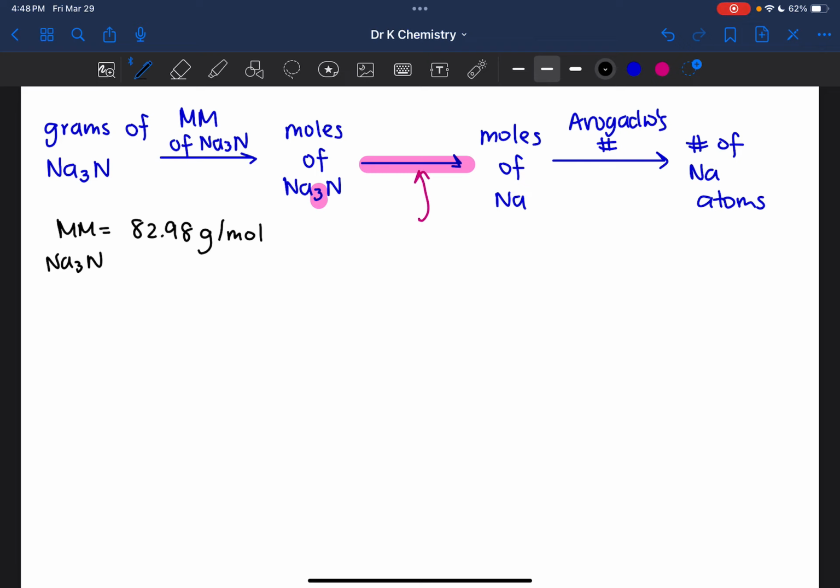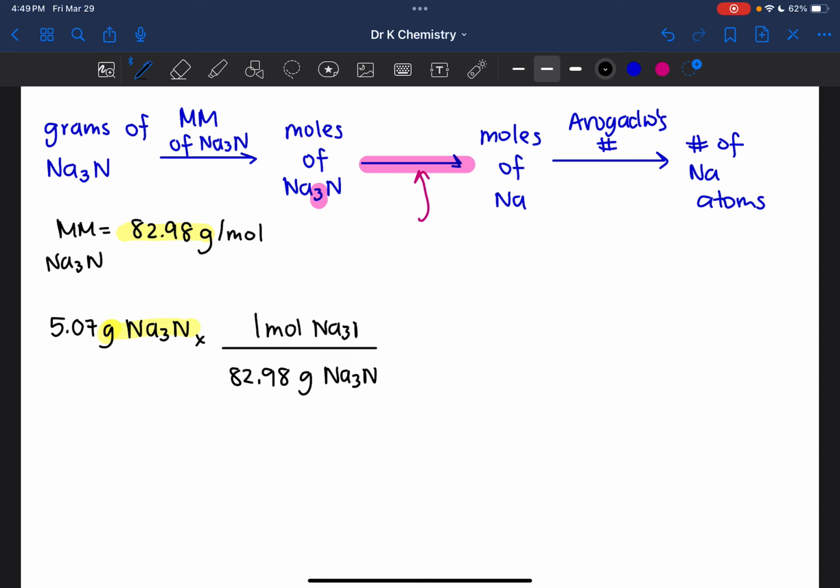Okay, so let's start with the grams of sodium nitride that were provided. And I know the first thing I have to do is take this into moles of sodium nitride. So that means I need to cancel out grams of sodium nitride. And to do that, I need to use the molar mass. So the grams of sodium nitride have to go in the denominator. And that gives us 1 mole of the entire compound. So now the grams cancel out and we are left with moles of sodium nitride.